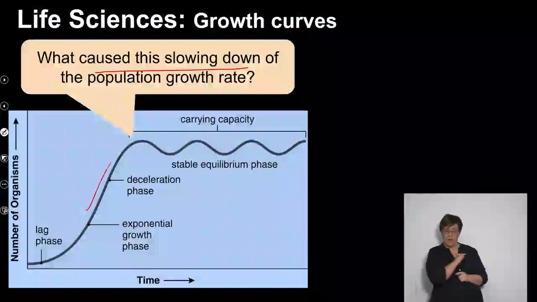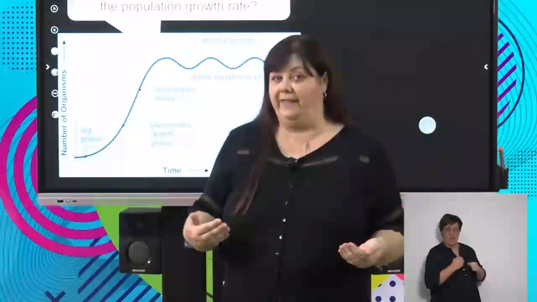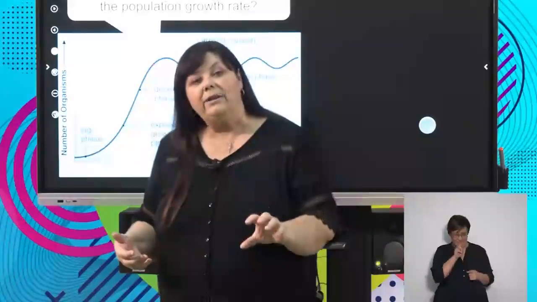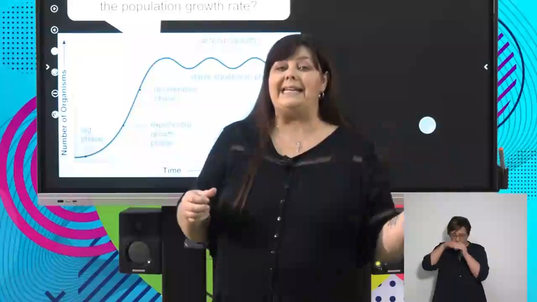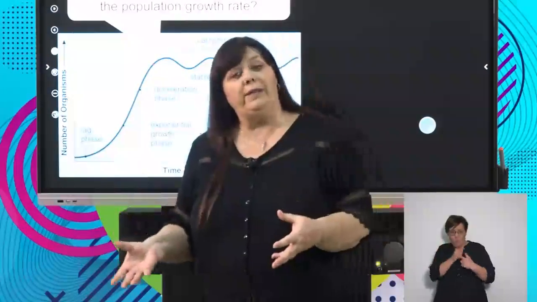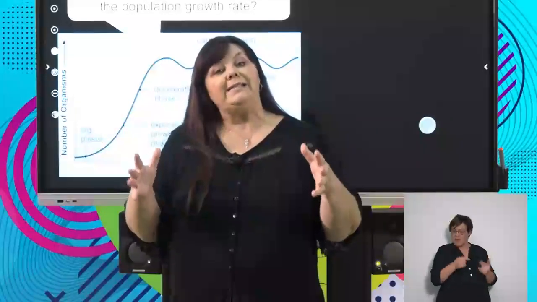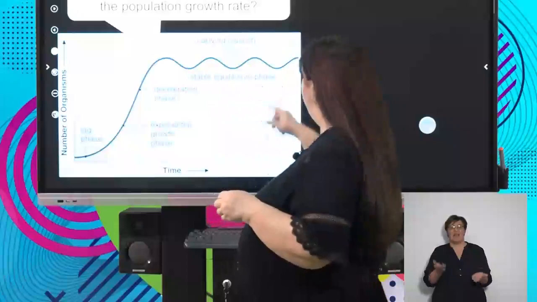As the density of our population increases, limiting factors are now going to start slowing down the growth rate of the population. We're going to see maybe a lack of food, greater competition, fewer nesting sites or birthing sites. We're going to see that our population has now reached a stage of equilibrium.